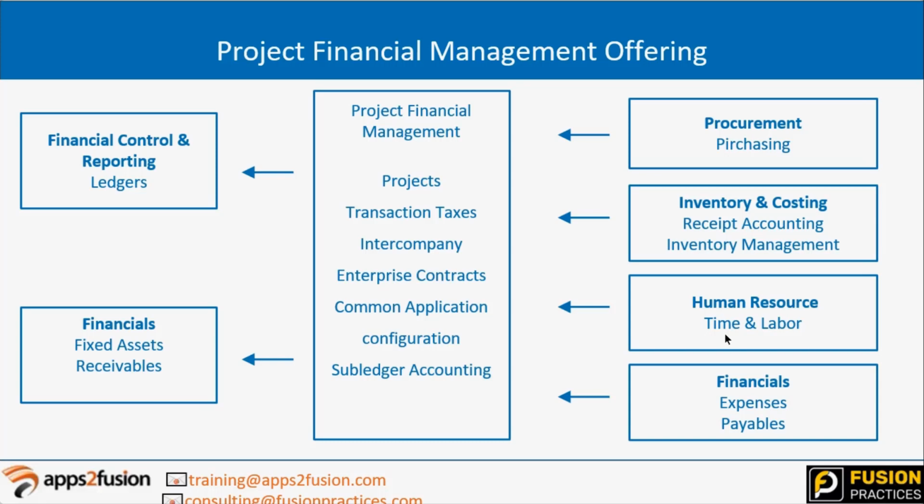Okay, all right. And the other one is the reports. The information comes out from projects, or we use that information for reporting, as in ledgers, the GL side of it. So this is for project financial management.